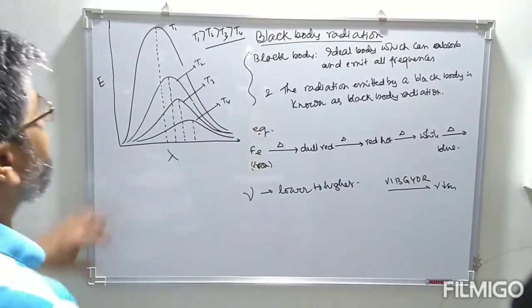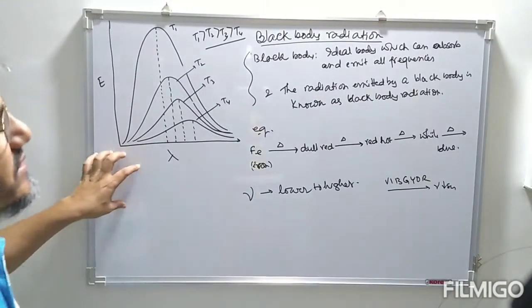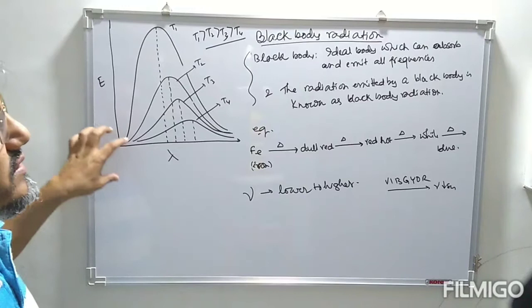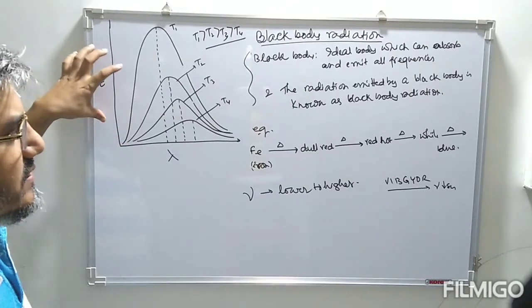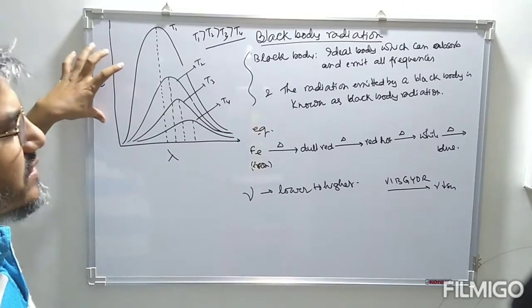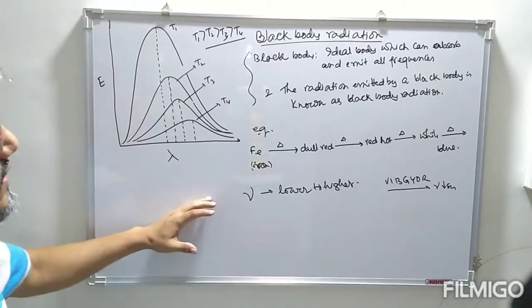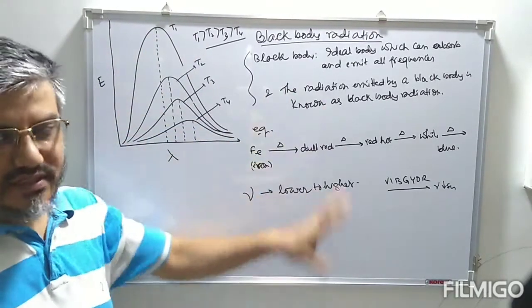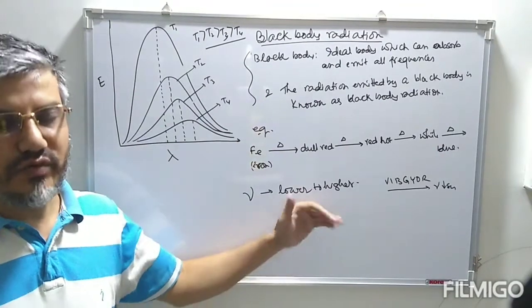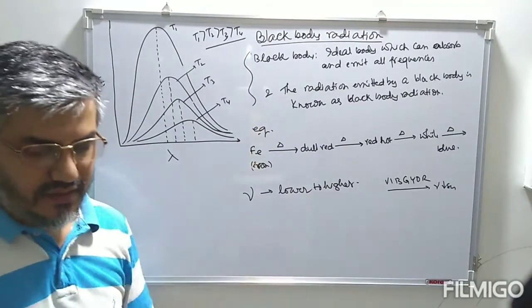So this black body radiation, this change in the intensity of emitted radiation or energy of the radiation with frequency or wavelength at different temperatures, could not be explained by the wave nature of light.